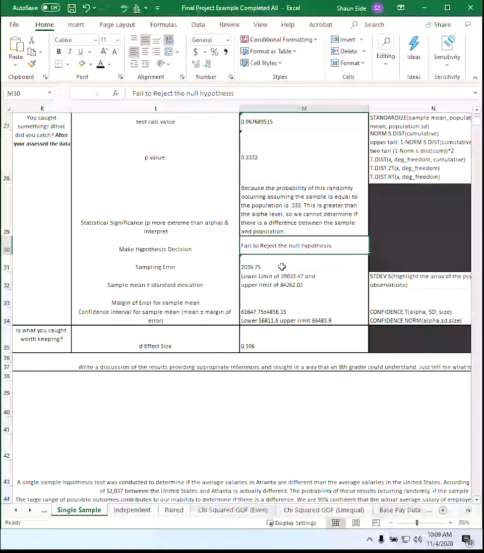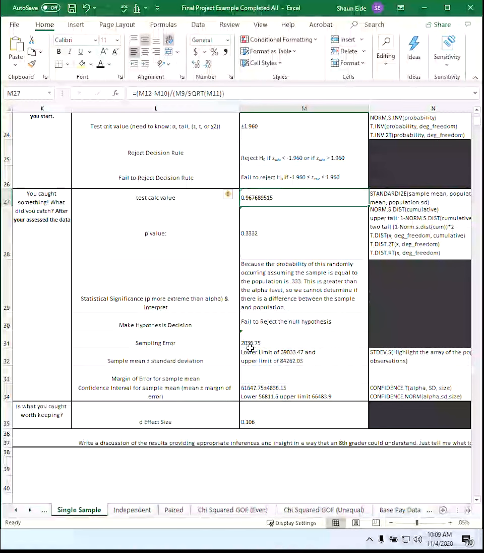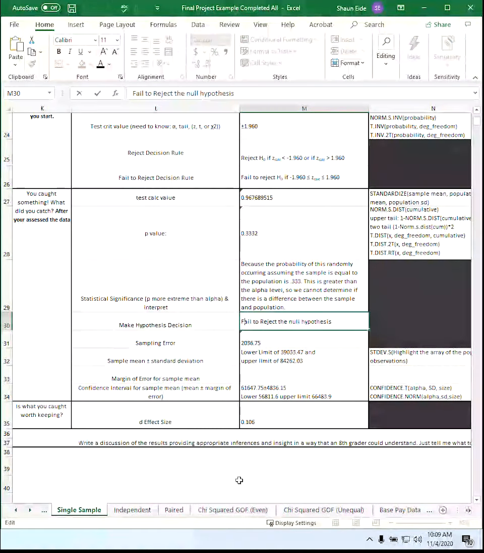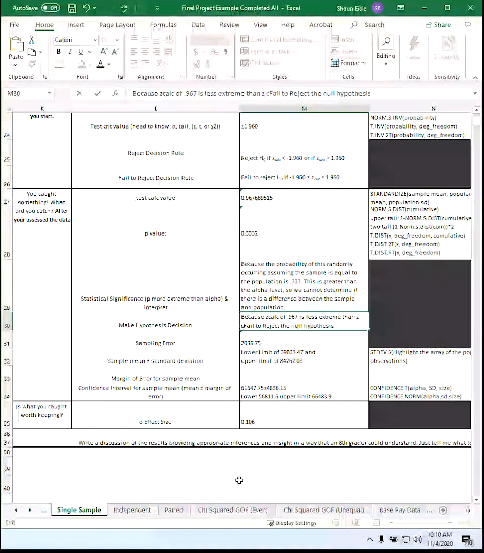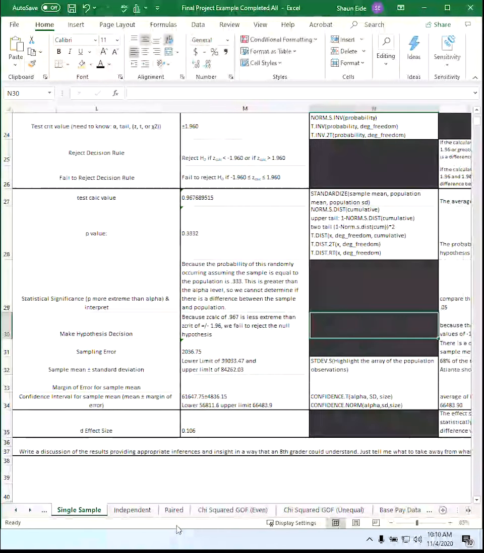Because the test calc value, the z calc of 0.967, is less extreme than the z crit of plus or minus 1.96, we fail to reject the null hypothesis. Okay.